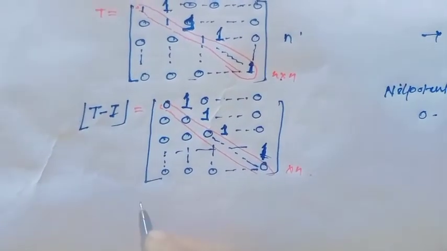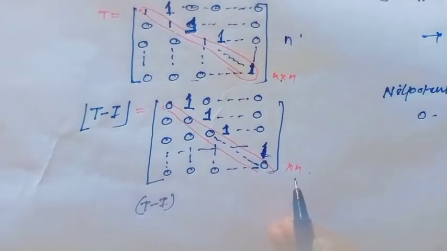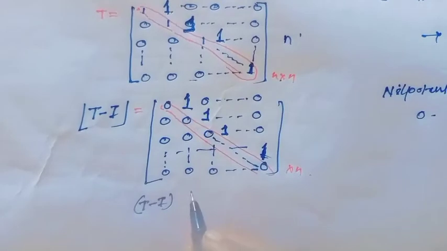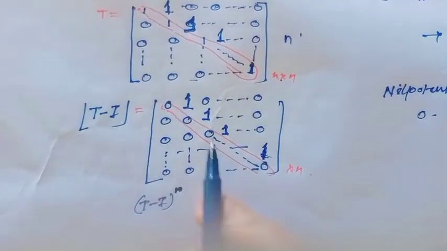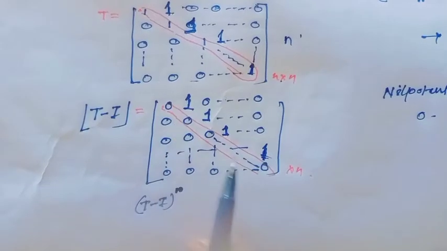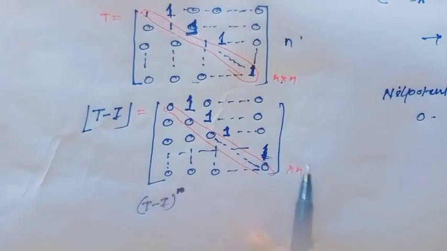That means for this operator T minus identity, notice, this is a nilpotent operator with Jordan block of order n.